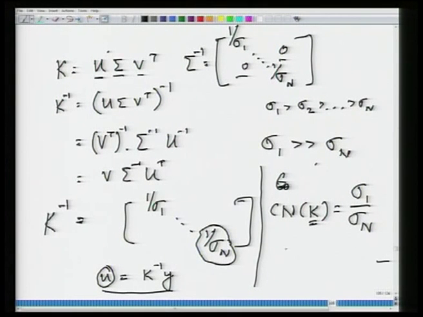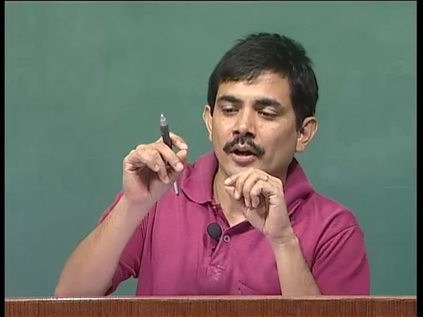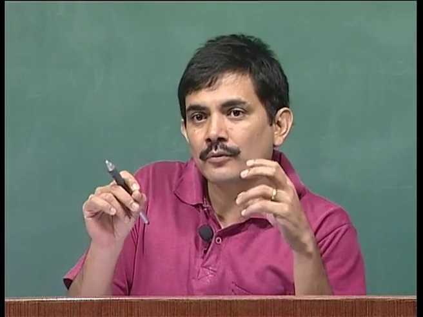Now, if this condition number is large, that implies there are large singular values and some very small singular values, and when I am trying to invert the matrix, some of the u's will turn out to be very large numbers. My output has deviated only a little bit, but in order to bring it back, I will have to change some of my inputs by very large amounts. Such a system is called an ill-conditioned system.